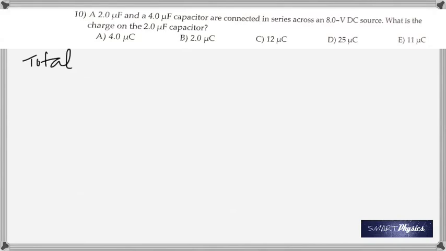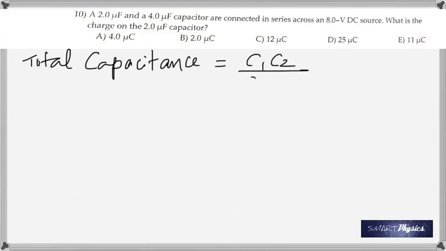Number 10 is talking about 2 capacitors connected in series across an 8-volt DC source. What's the charge on the 2 microfarad capacitor? You have to remember that the charges on both of them will be equal because they are connected in series. Therefore, you find the total capacitance first. And that is product by sum.